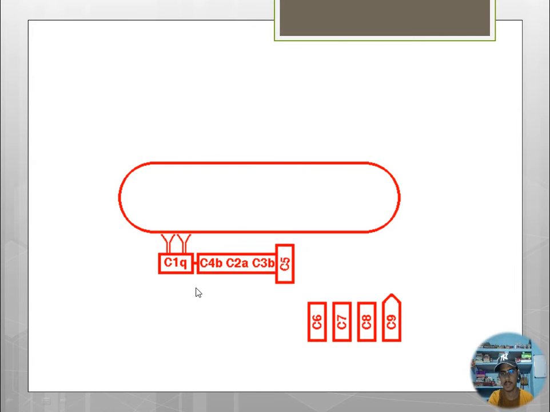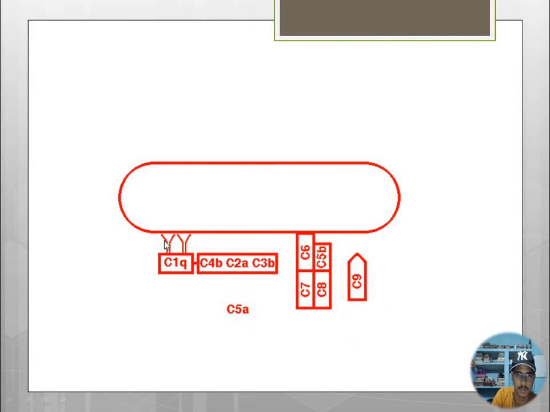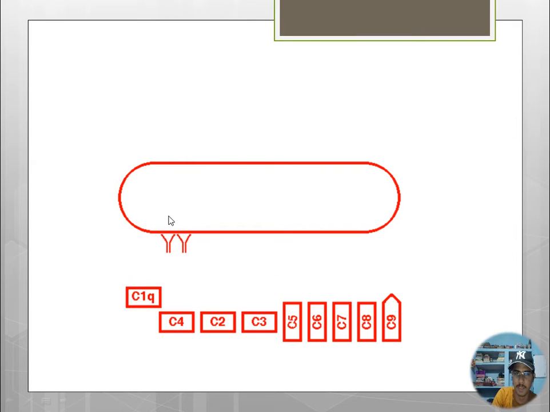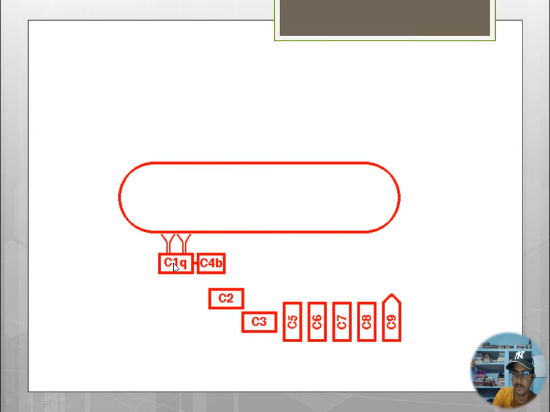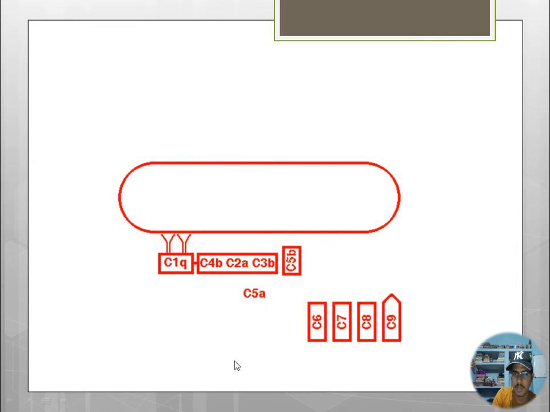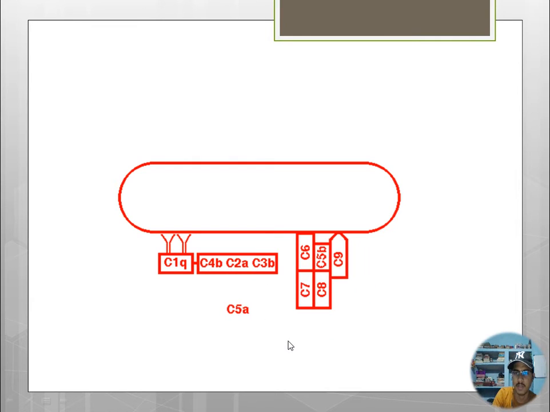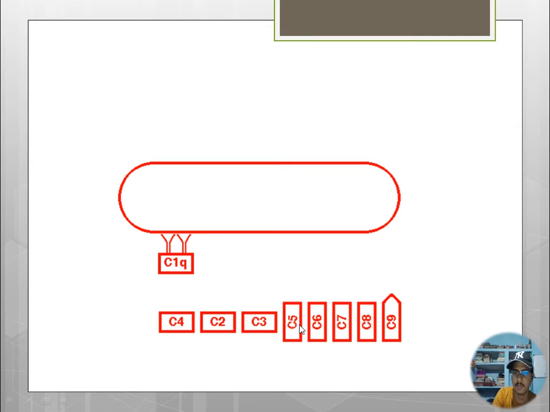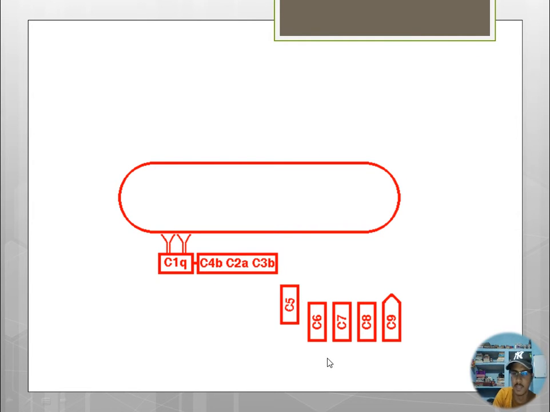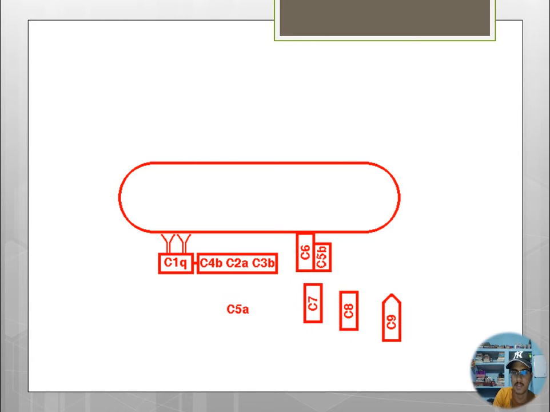So you can see it again: first the antigen is bound to the bacteria, and then the C1q protein first attaches to it, then comes the C4b, then the C2b, then the C3b, and then C5, and C5 attaches C6, C7, C8, and C9, and the C9 creates the perforation in the cell membrane.